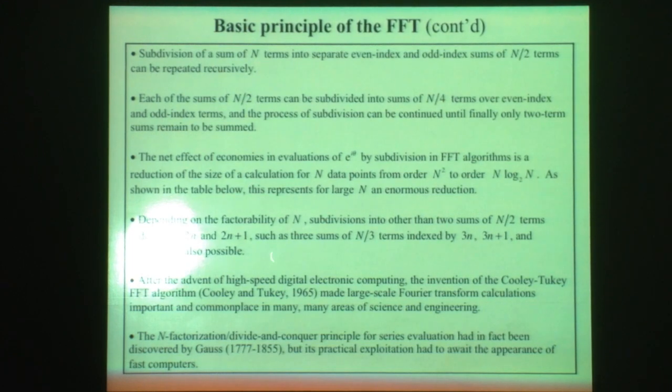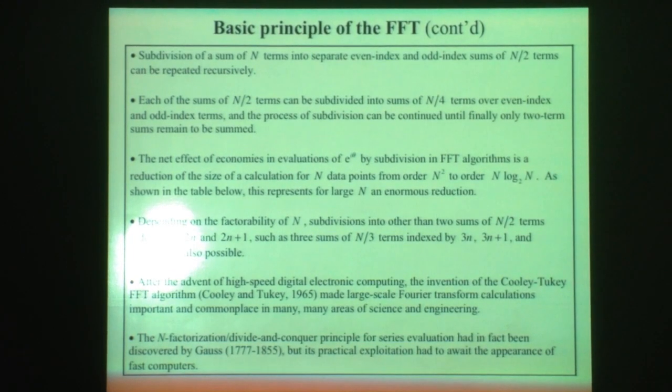We could do this by dividing into 3 sub-sums, right? With indices 3n, 3n plus 1, and 3n plus 2, depending on the factors of n, the number of subdivisions.